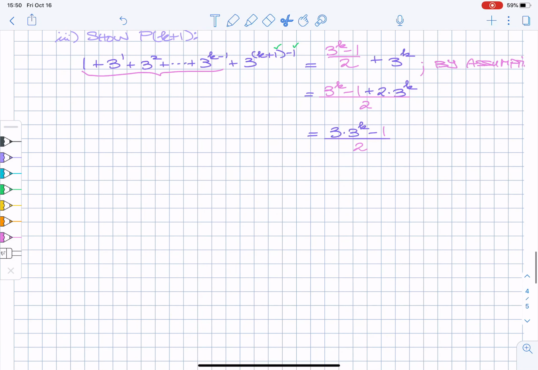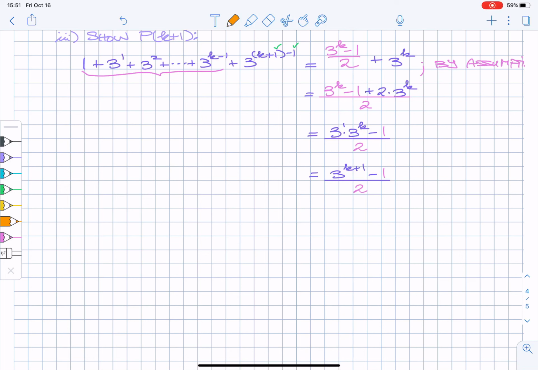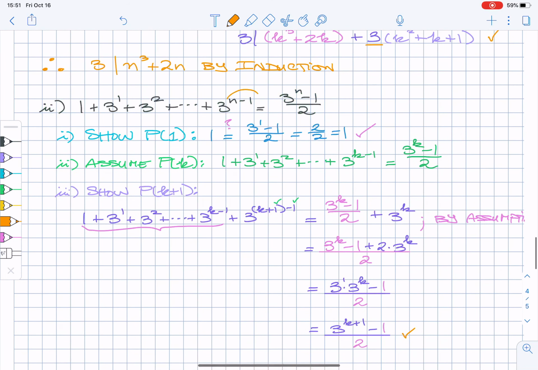Okay, so, well, that's 3 to the first. So I claim that that's 3 to the k plus 1 minus 1 all over 2. Well, guess what? That's exactly what we needed to show, right? Because we've got a k plus 1 where there was an n.